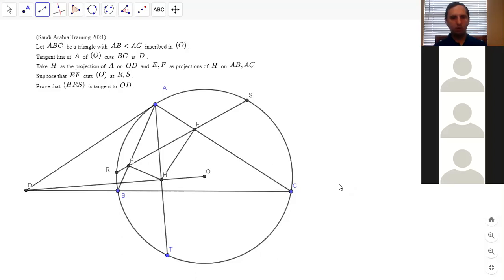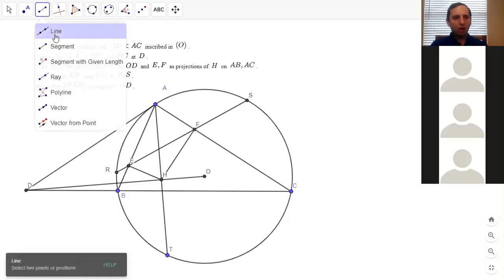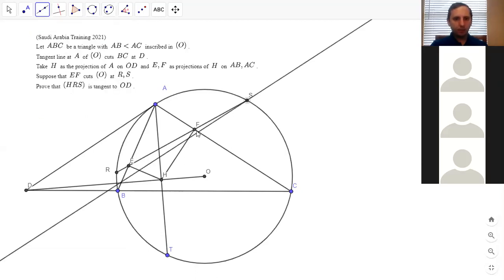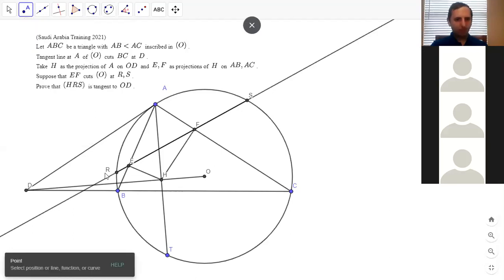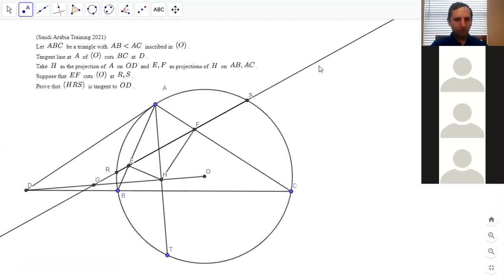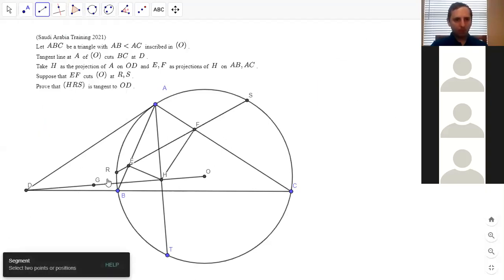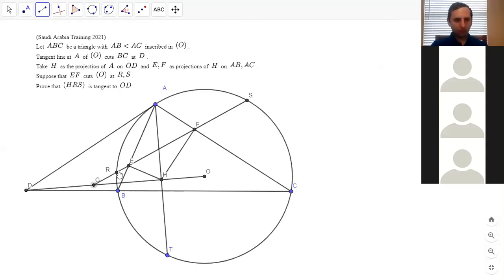Sorry, Michael, can you call the intersection of line RS and OD G, and draw the circle of quadrilateral AEHF. Yes.